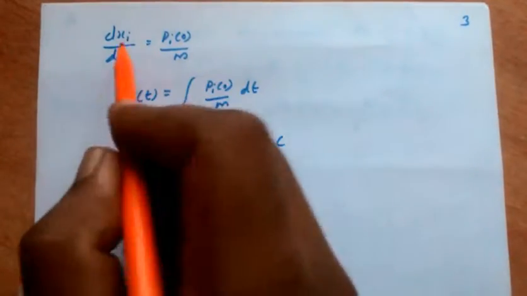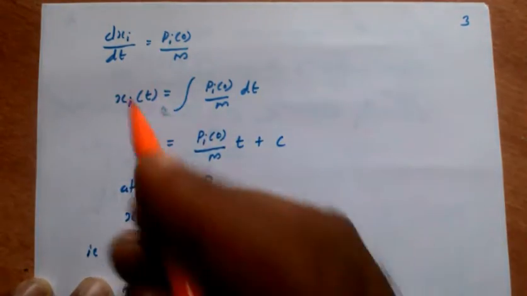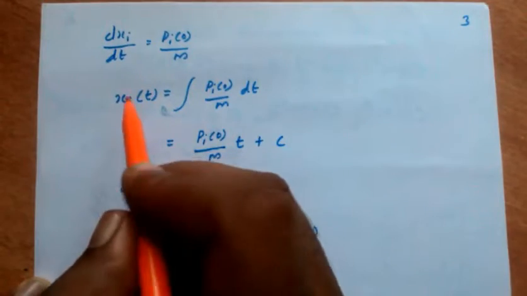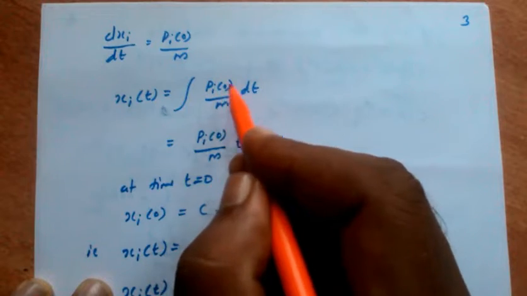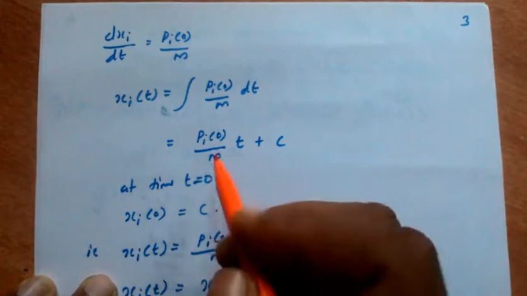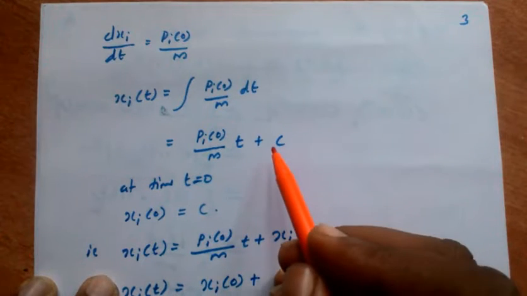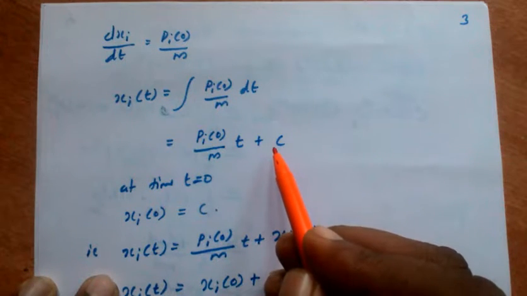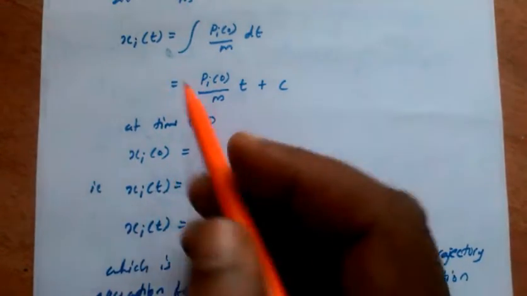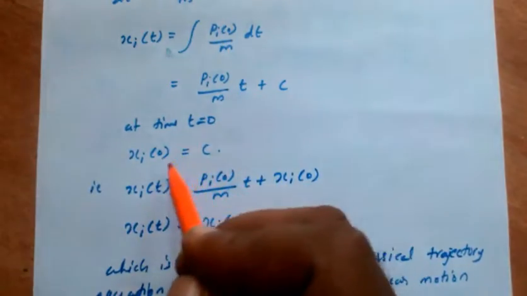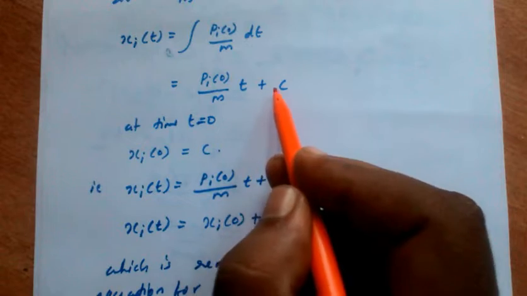We got dxi over dt equal to pi of 0 over m. So let me derive the equation for xi of t by integrating pi of 0 over m dt. That is equal to pi of 0 over m t plus a constant. Then we have to apply the initial conditions to find the constant: at time t equal to 0, xi of 0 equals c.